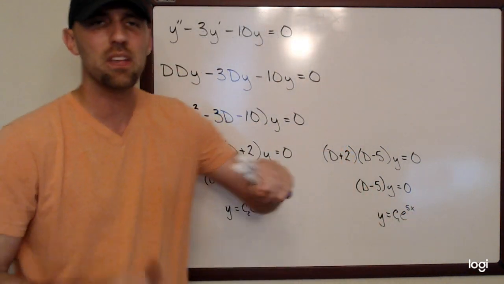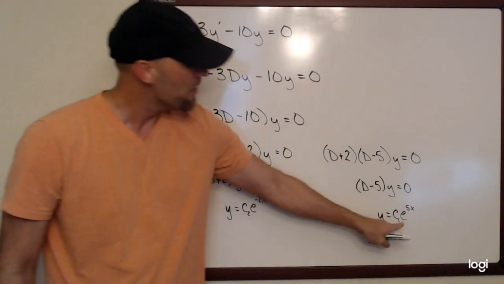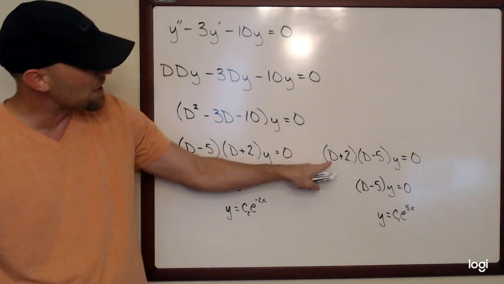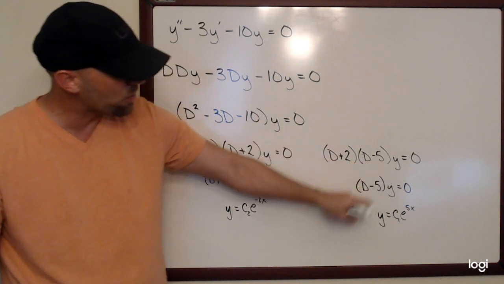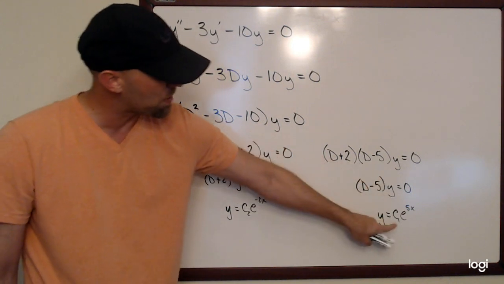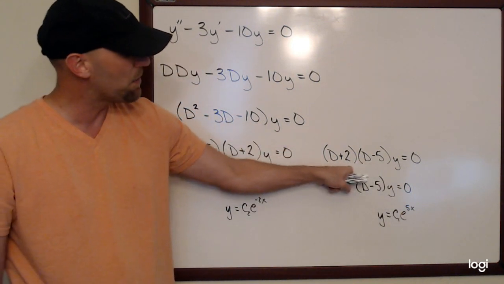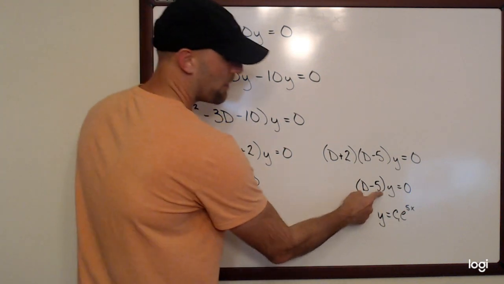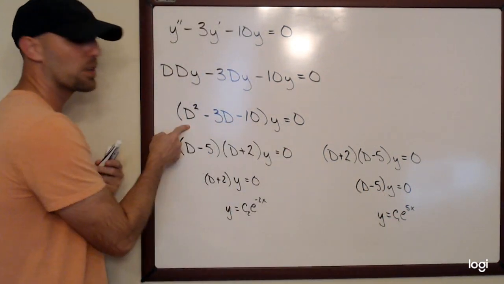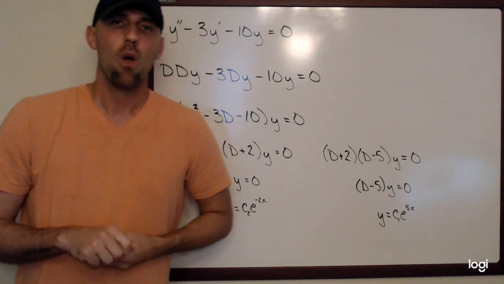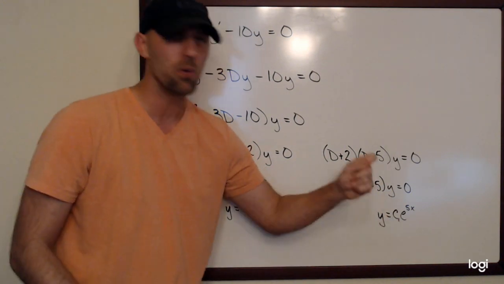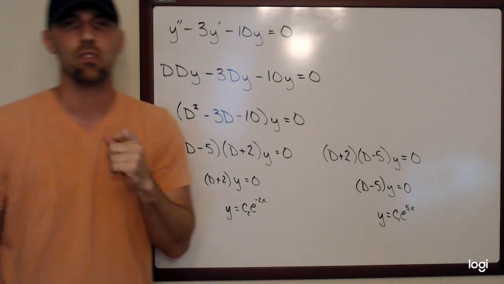And again, for the same logical reasons, this function is in the kernel of D minus 5, and then D plus 2 would map the 0 you get to 0. So again, not only is it in the kernel of this polynomial operator, it's also in the kernel of this one. What this means is that I have found two solutions to this differential equation.